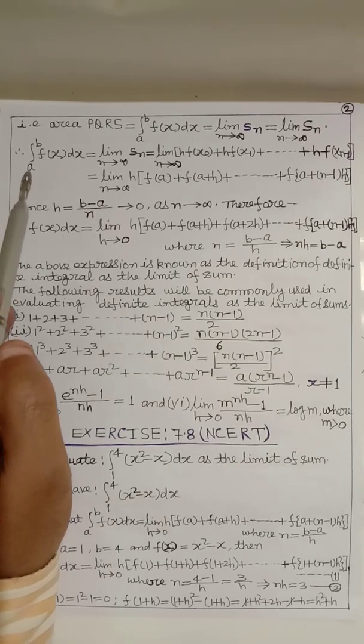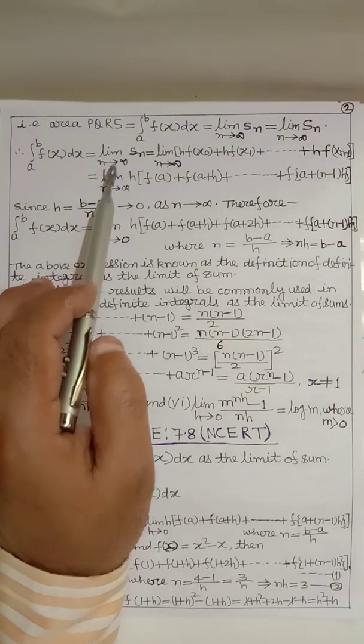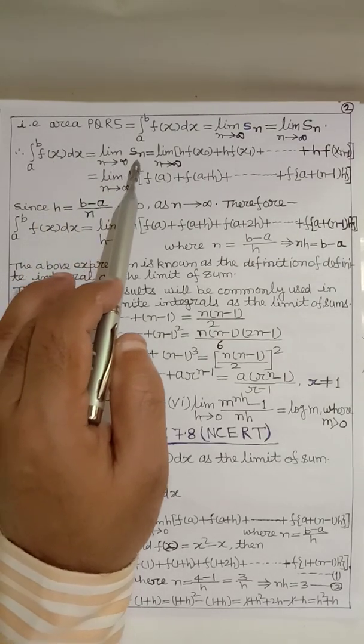Therefore, integration of a to b f of x dx equals limit n tends to infinity Sn.